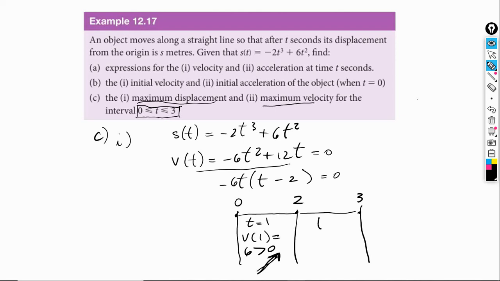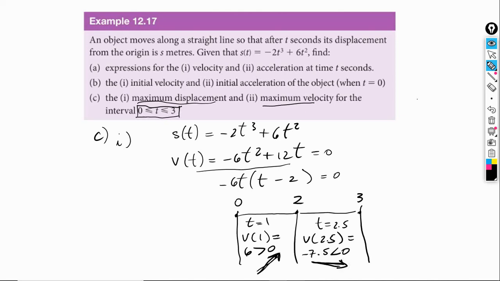So let's use something between 2 and 3, so 2.5. What was the velocity at 2.5? Let's plug in 2.5 in the velocity function. And if you do that, you're going to get negative 7.5. Now this is less than 0. It means that the displacement was decreasing.